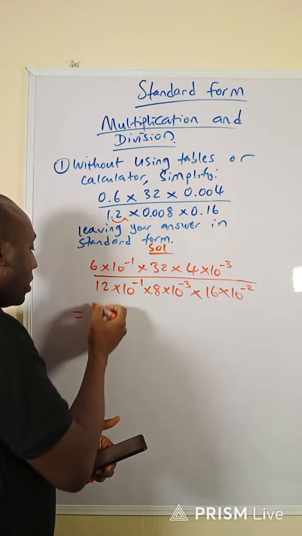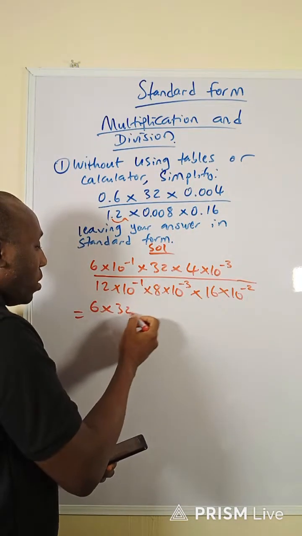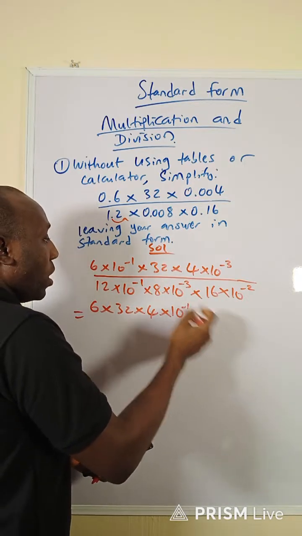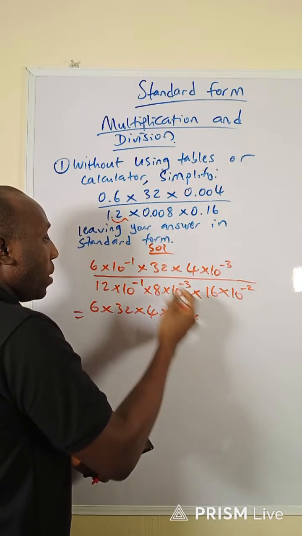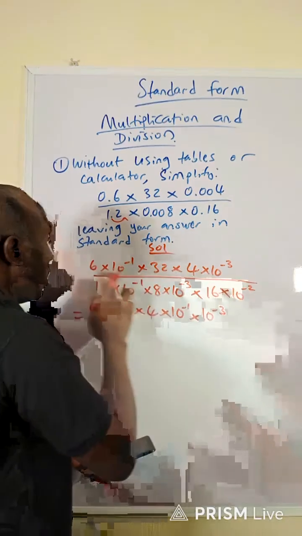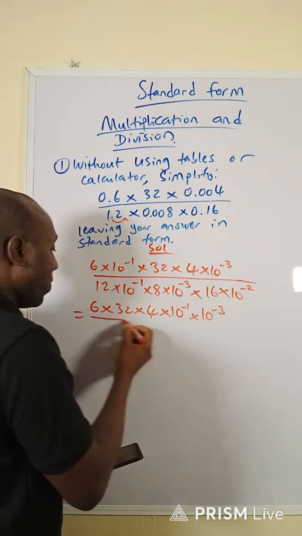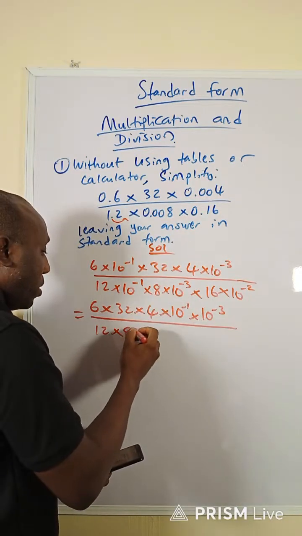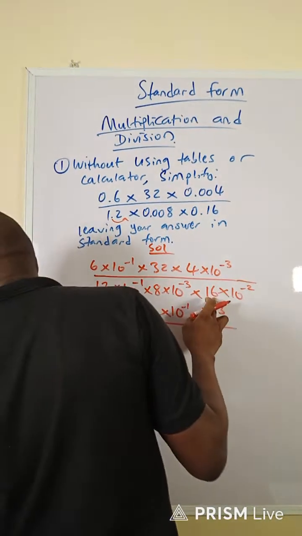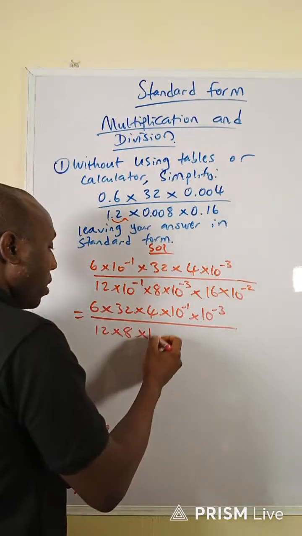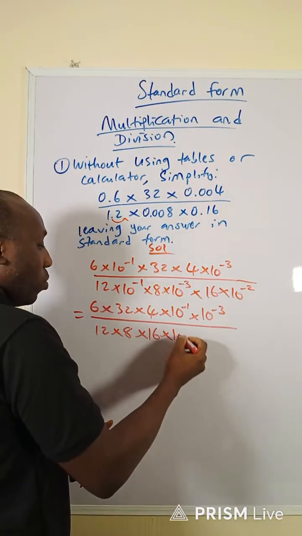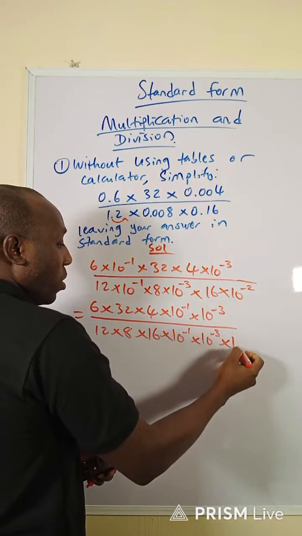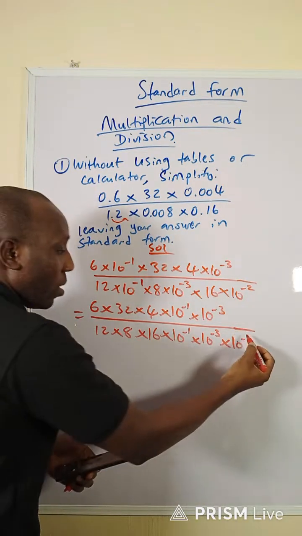So it's going to be 6 times 32 times 4, all divided by 12 times 8 times 16. Then times 10 raised to minus 1, times 10 raised to minus 3, times 10 raised to minus 2. Are you seeing that now?